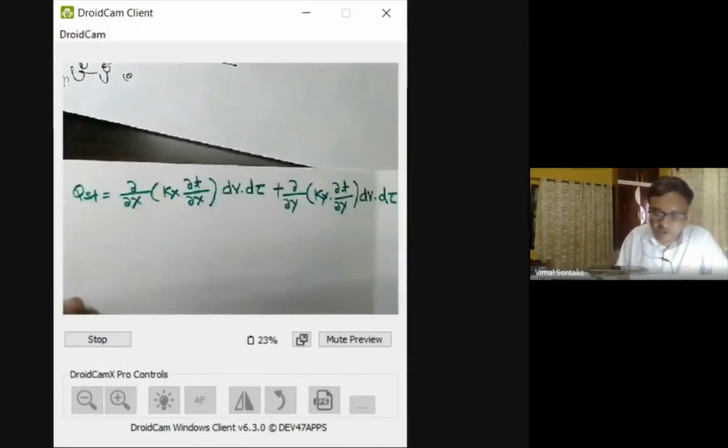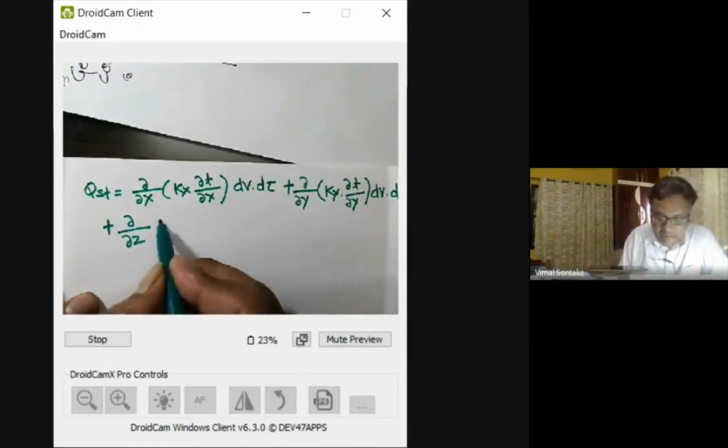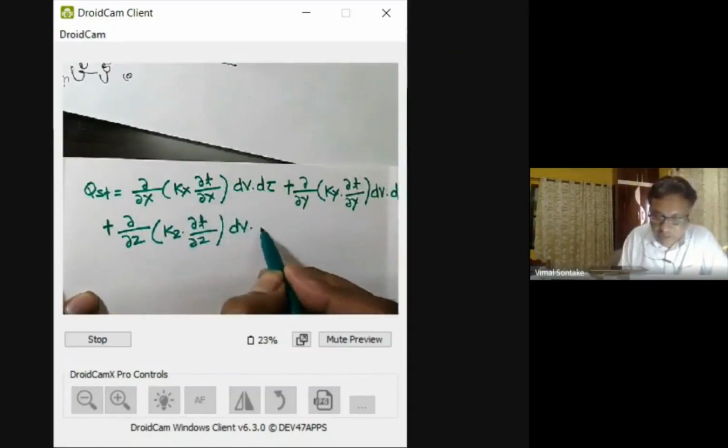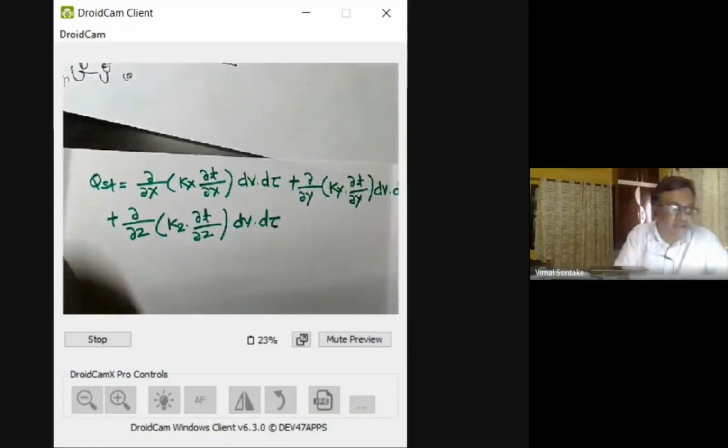This is the Qy stored, plus del over del z, kz, del T over del z, into dv into d tau. So this much energy will be stored due to heat flow in x, y, and z directions.